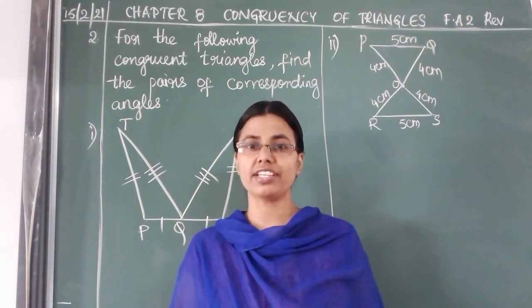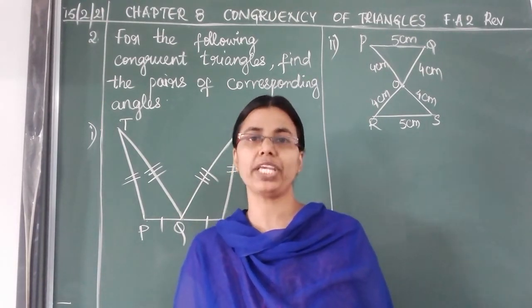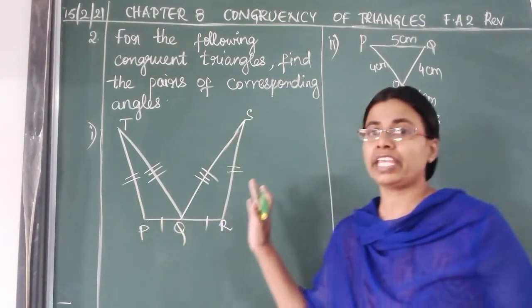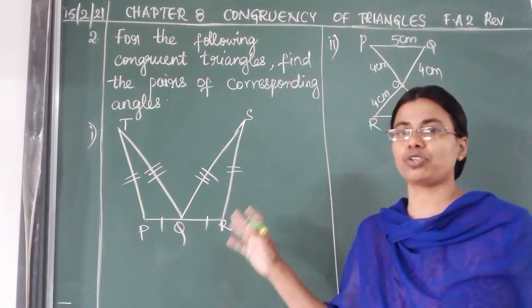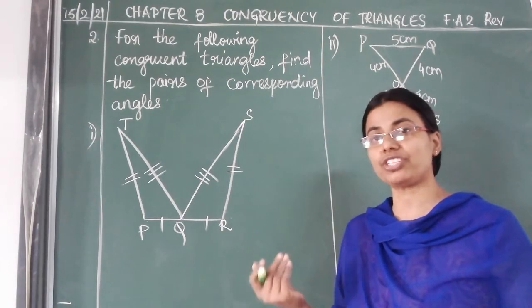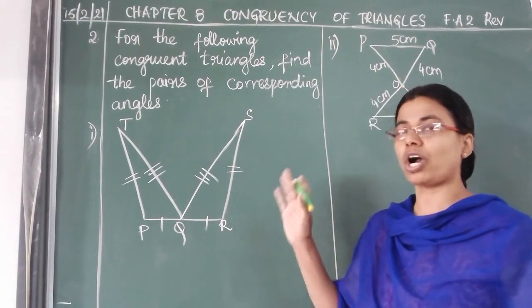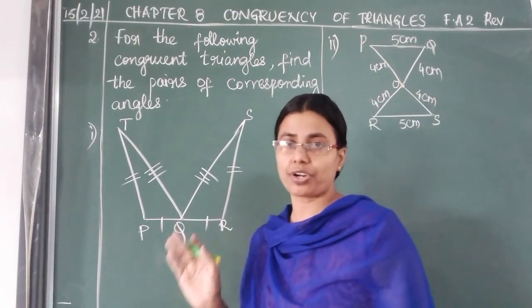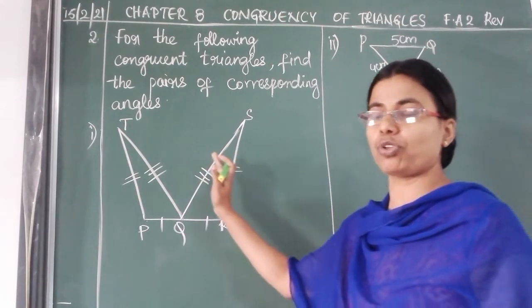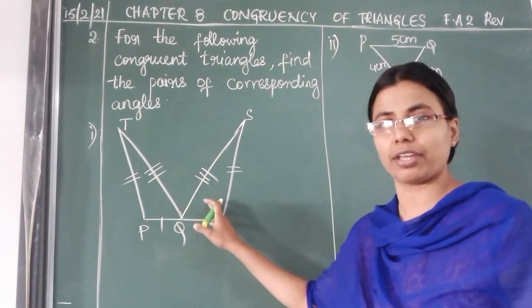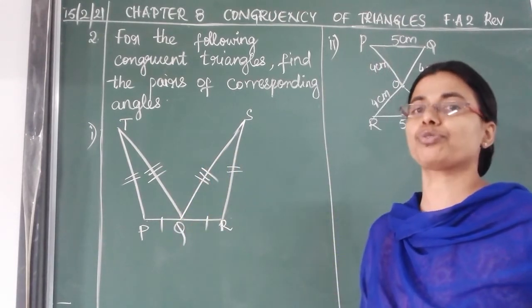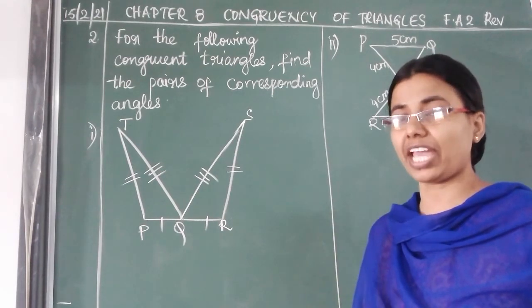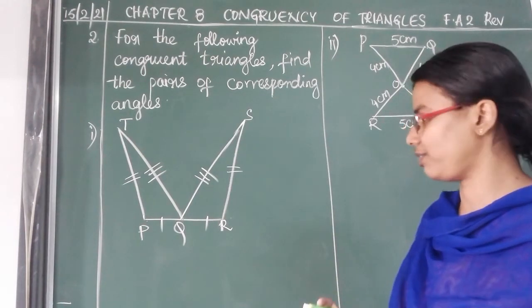So when 3 sides are equal, 3 angles also should be equal. Here in the question they have given that the two triangles are congruent to each other. According to SSS criteria, both of them are congruent. Now you are supposed to write what are the corresponding angles which are equal.